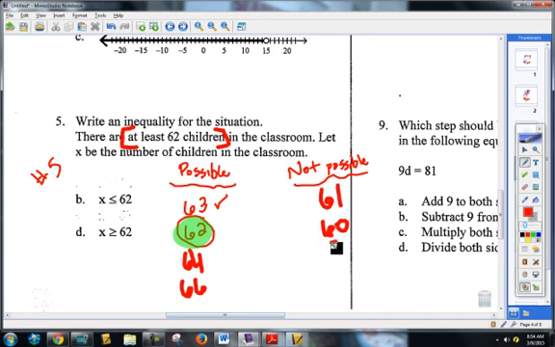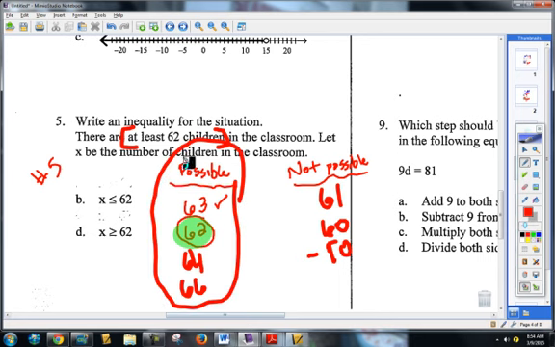Good. -10. Okay. Anything less than 61, or 61 or less, I should say, would be. So now, since these are the possibilities, which one of these numbers would make the statement true? Would it be B or D? Garrett? It would be D. Okay? Are we seeing my strategies here, guys? Just pick some amounts. That's a good strategy to use.